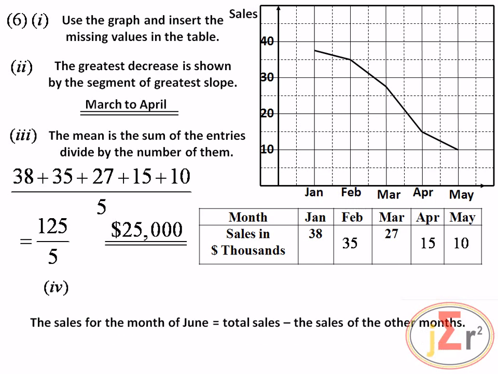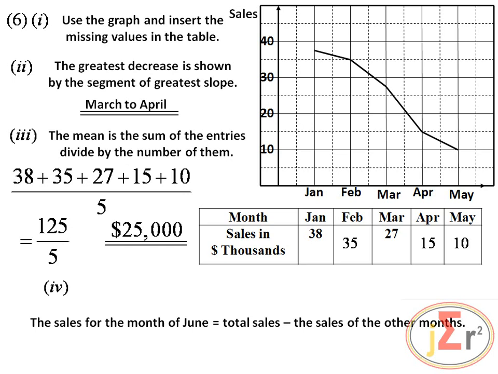The sales for the month of June is equal to the total sales minus the sales of the other months. Why? Because the total sales is given to us, but we do not have the sales for the month of June. We have the sales of all of the other months, but not June.